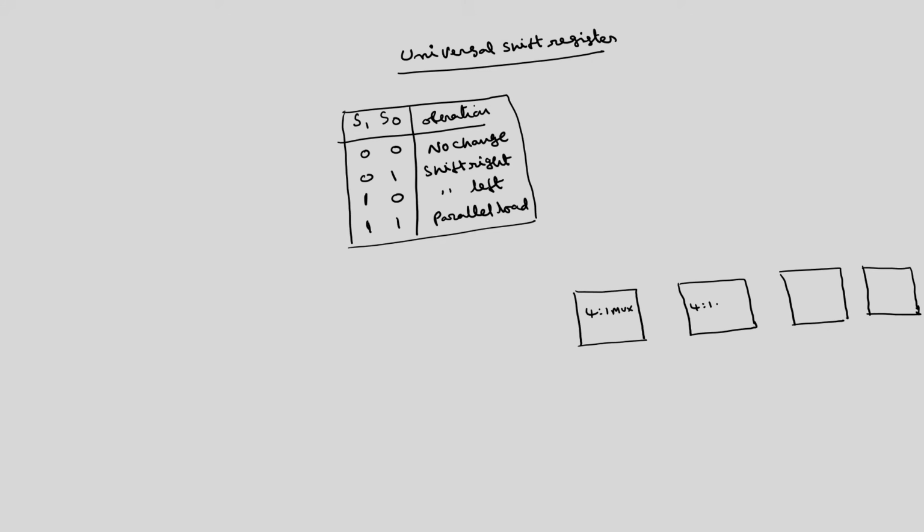This is another 4 by 1 mux, this is another 4 by 1 mux, this is another 4 by 1 mux. We know that we have 4 inputs 0, 1, 2, 3, and 1 output. There are 2 selection signals, S1, S0, and these are common to all the 4 multiplexers.